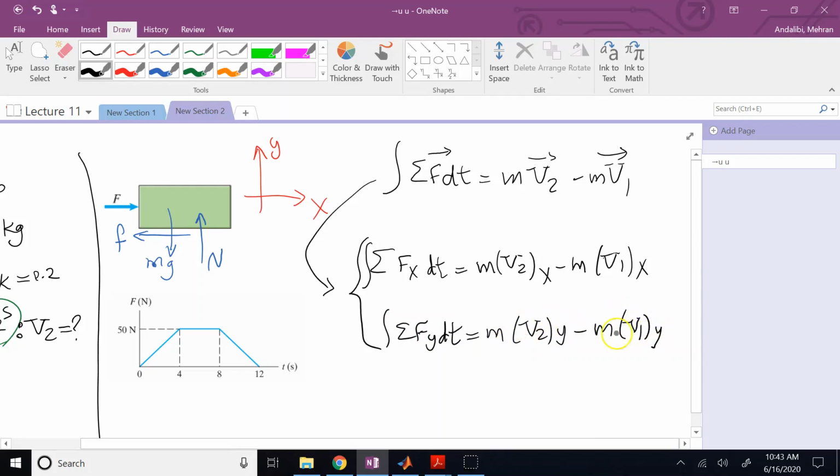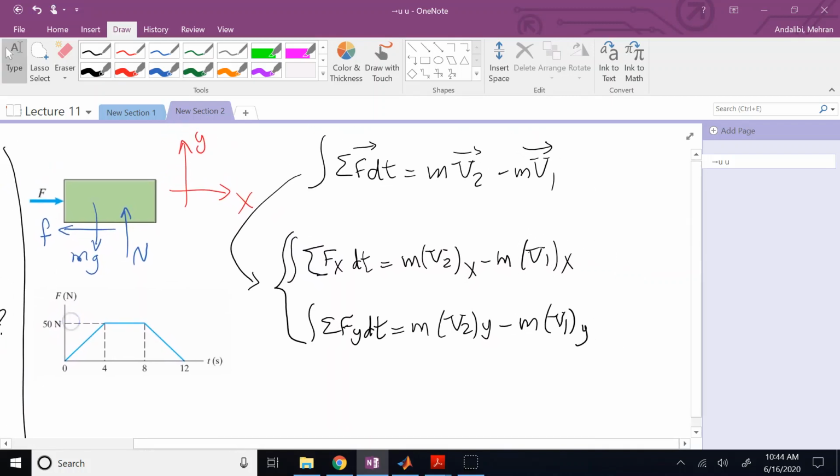So remember, any vector equation can always be written along any axis that you want. Good. Now what? So we're going to use both of them in this case. Let's first focus on y.